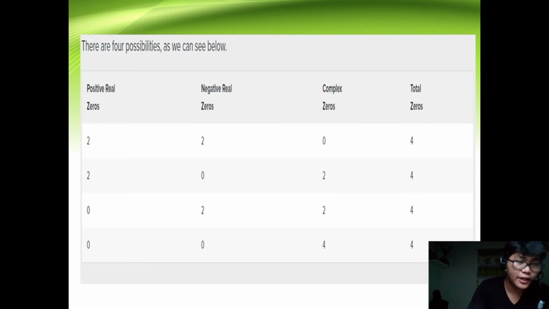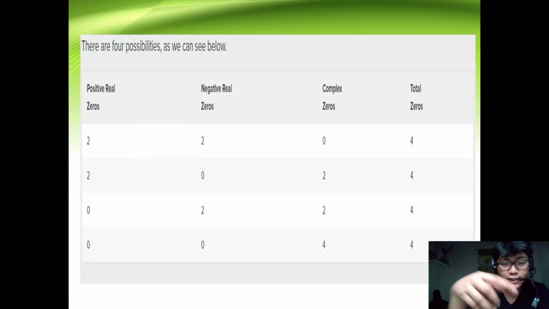Let's take a look at the second part of the table: 2 positive real roots and no negative real roots, meaning 0. So we subtract 2 from 4 to find the imaginary roots. So 2 for the positive, 0 for negative, complex or imaginary 2, and the total zeros is 4.